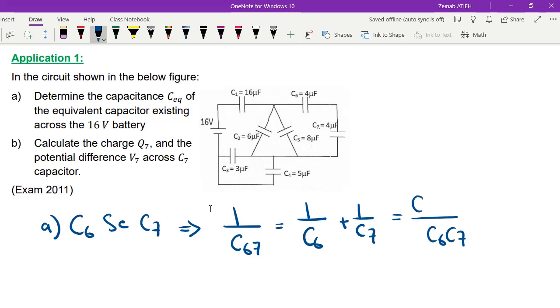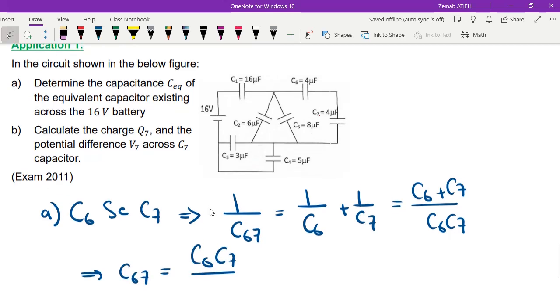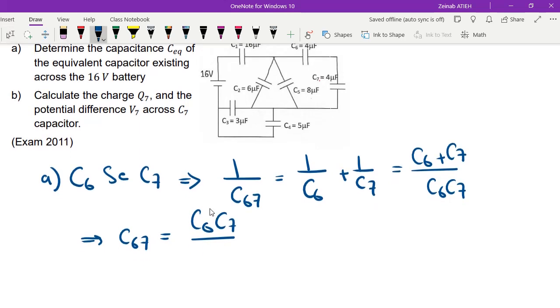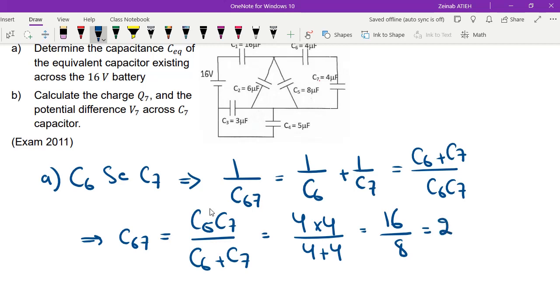It's equal to C6 C7 over C6 plus C7. So C67 equals C6 C7 over C6 plus C7. C6 was 4, C7 was also 4, over 4 plus 4. This will give me 16 over 8. This will give me 2 microfarad.